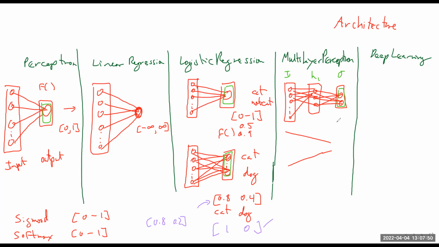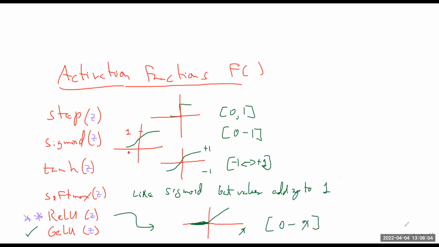So which activation function should you use here? Look at these activations. Which one do you use for that last layer where you're predicting the classes?